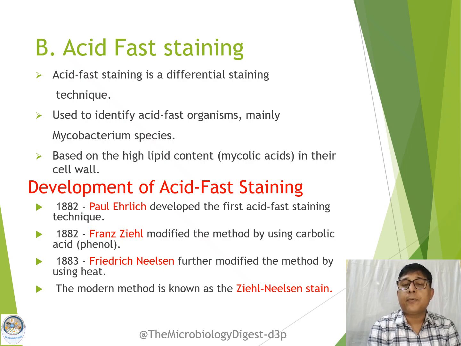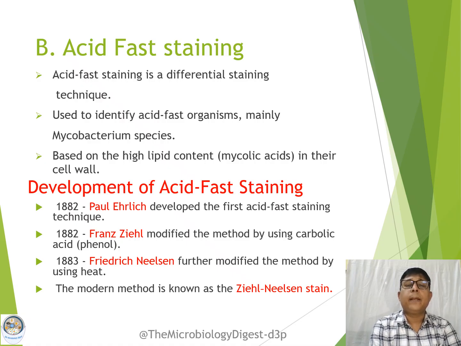The next type of differential staining method is the acid fast staining. As the name says, it is a differential staining technique. Here also, organisms can be differentiated into two groups: one group is acid fast, another group is non-acid fast. This technique is also based on the cell wall structure of bacteria.